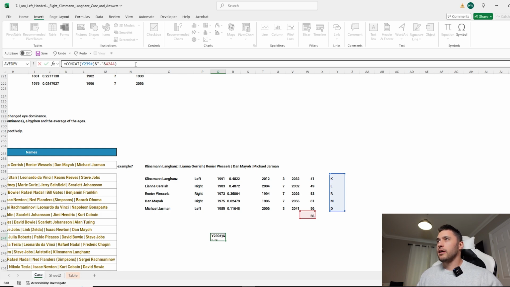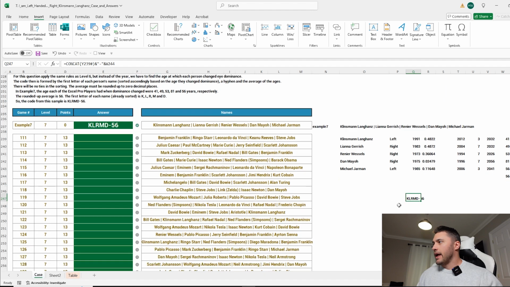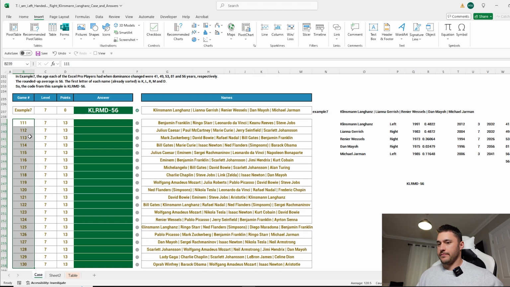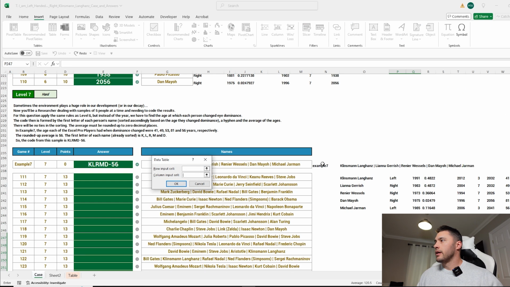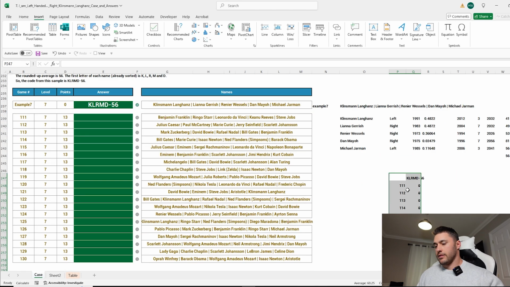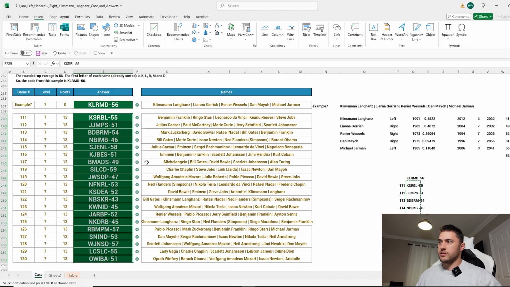I missed a bracket there. So that's our answer. And let's put in the question numbers. Do a data table. Refresh it, and this should be our final answers.